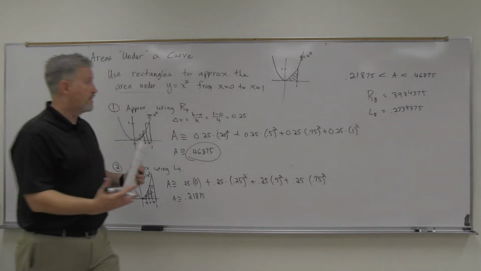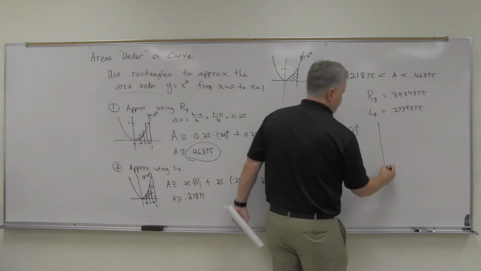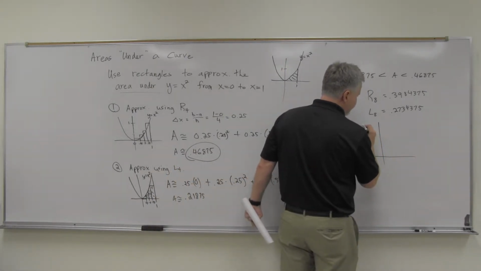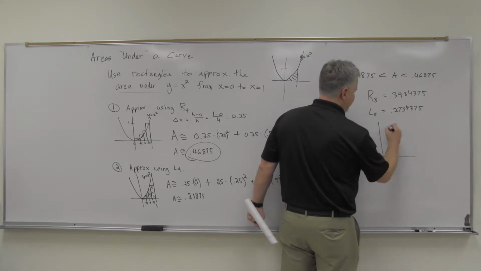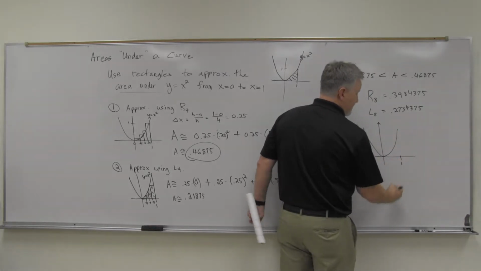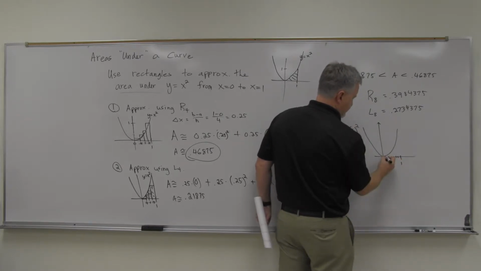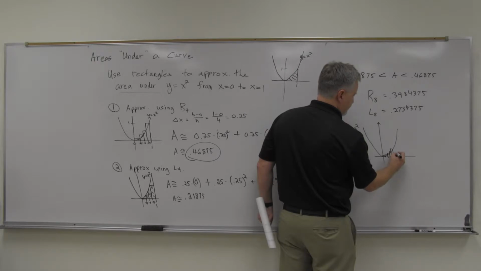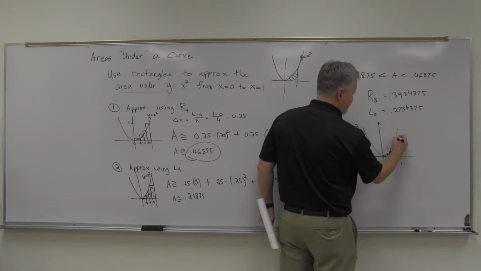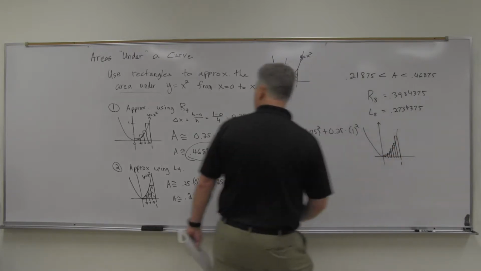That's what I'm saying: the more rectangles. If you try drawing it, maybe I will here, if I'm going to divide 0 to 1 into 8, eight rectangles, let me do the right-handed endpoint ones. The little overages there are just smaller than they were.